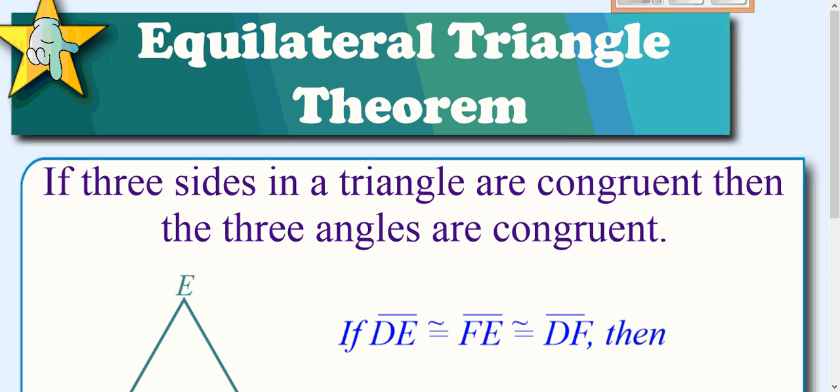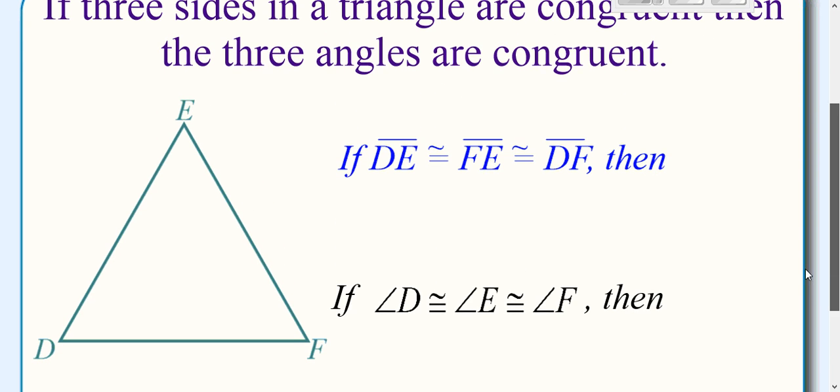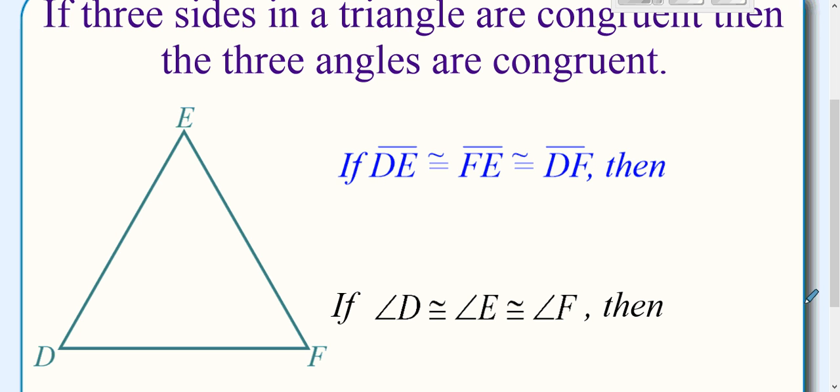Now, the equilateral triangle theorem says that if it's an equilateral triangle and all three sides are congruent, then the angles are also all congruent.